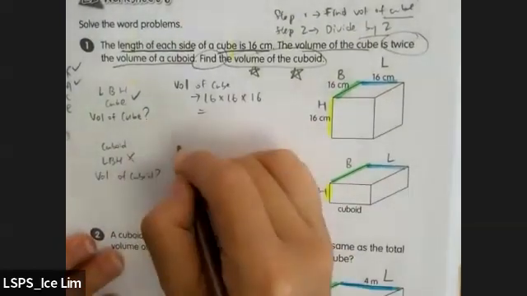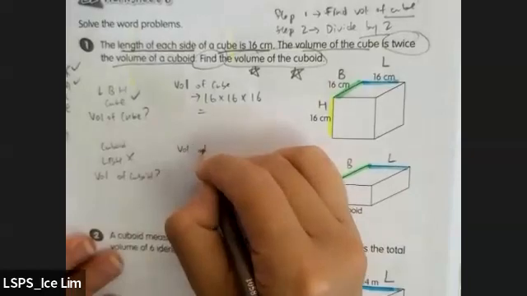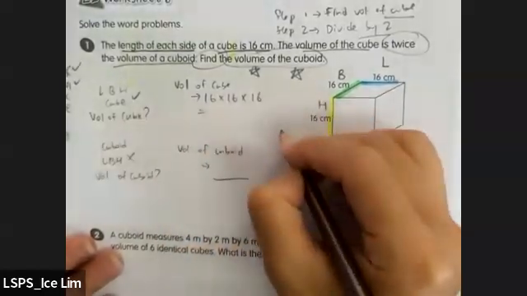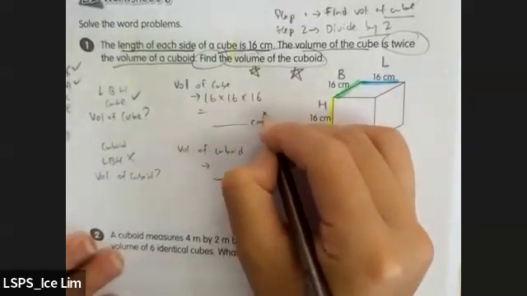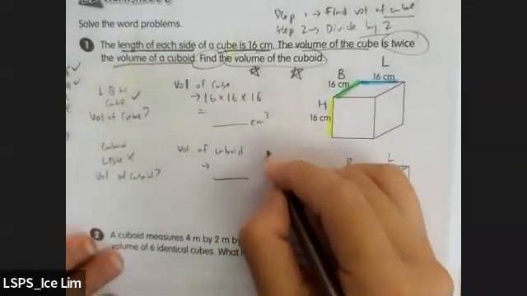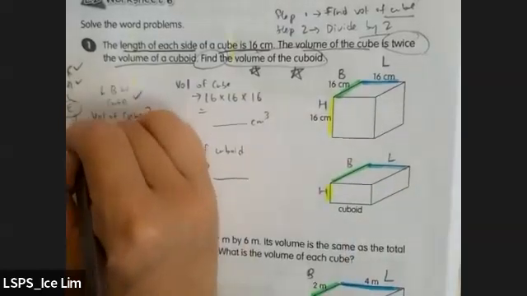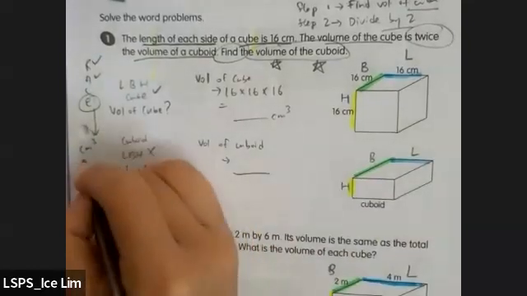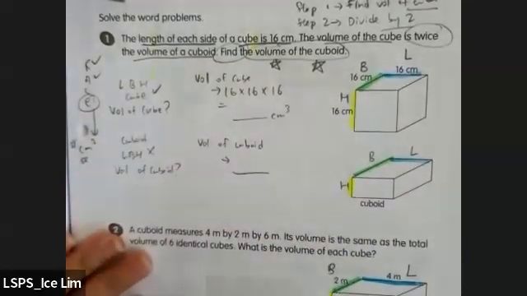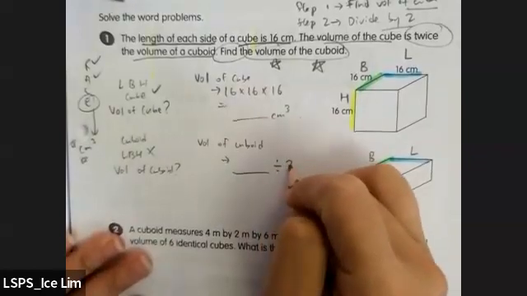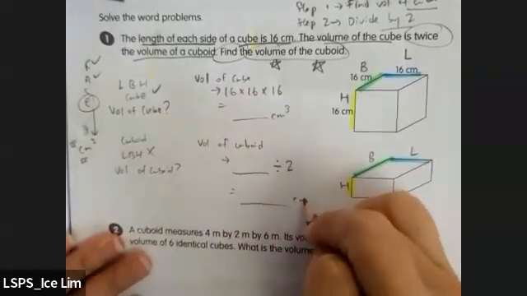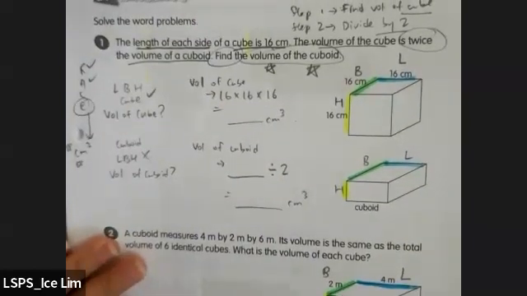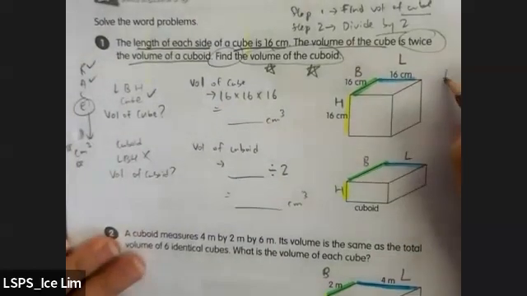And then I will find the volume of the cuboid. According to Pranavi, I just need to use the answer from above and divide by 2. I should get the answer because the cuboid is the smaller one. Is this okay? Are you able to do 16 times 16 times 16?